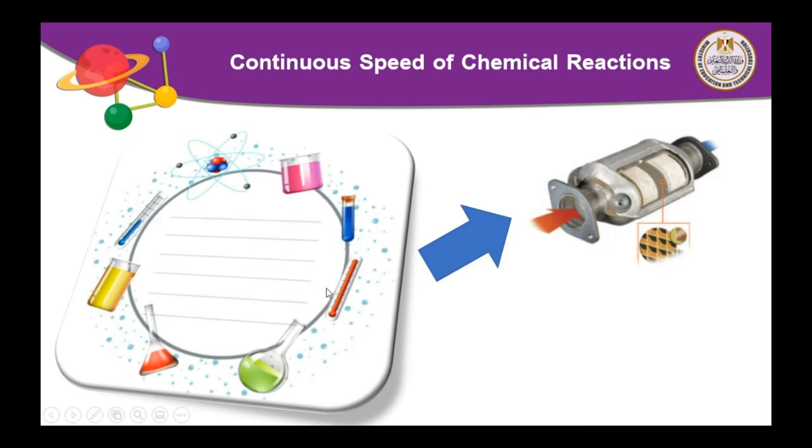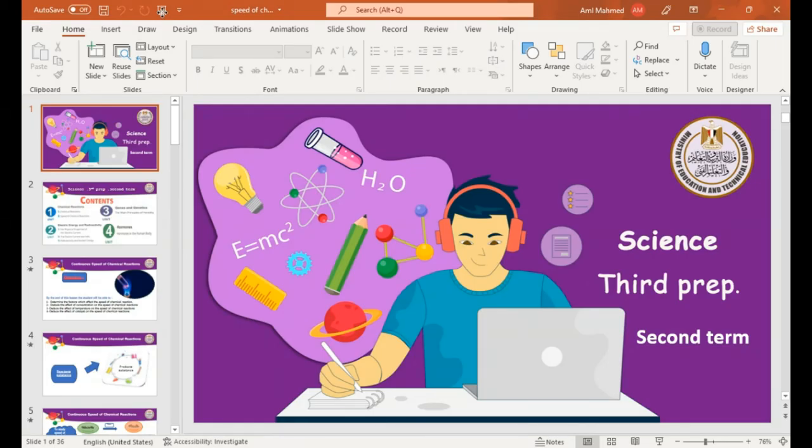What is the importance of catalytic converter? Its importance: treatment of the harmful gases that come out from the cars. In the modern car, the catalytic converter is used to treat the harmful gases that come from the car.